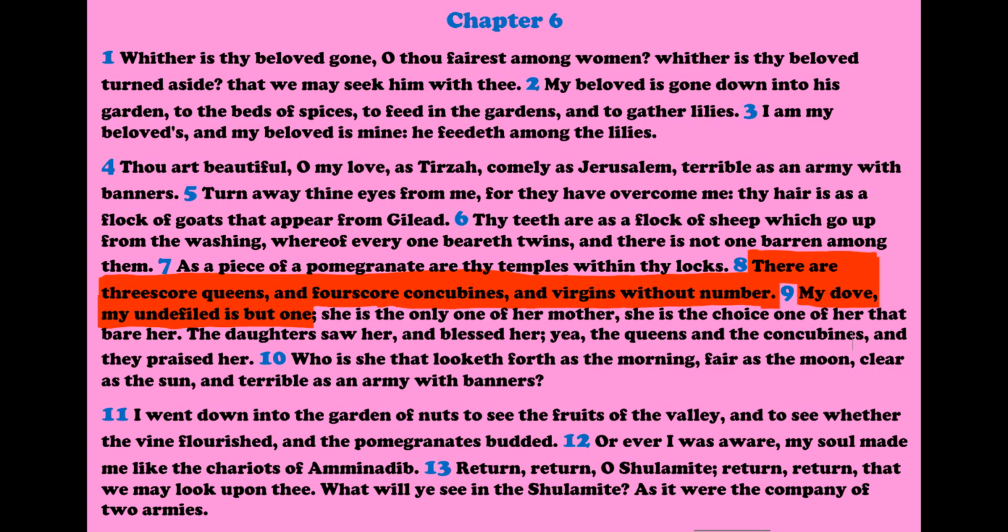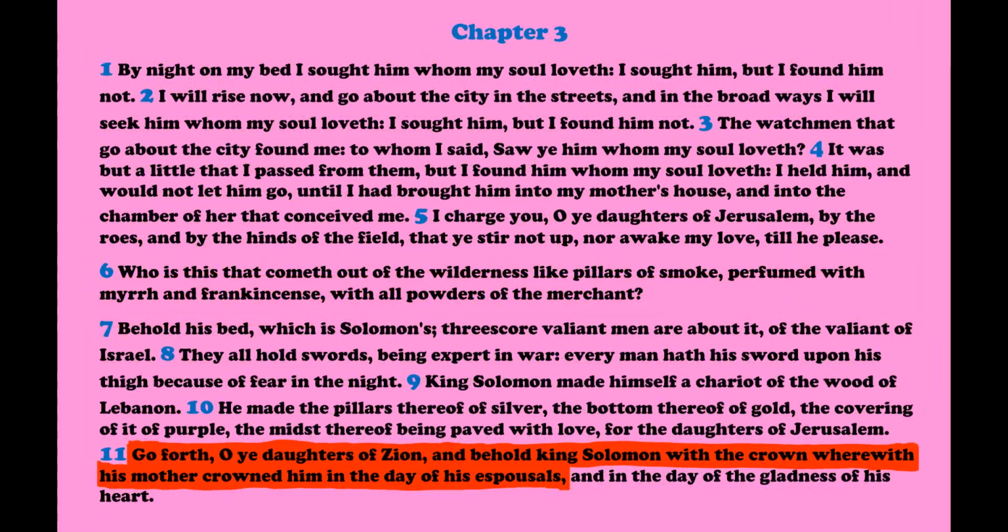Now, if you still doubt that Solomon had multiple wives at the time this book was written, read chapter 3, verse 11. It says, quote, "Go forth, O you daughters of Zion, and behold King Solomon with the crown wherewith his mother crowned him in the day of his espousals." An espousal is a marriage. And notice that the word is plural, espousals.